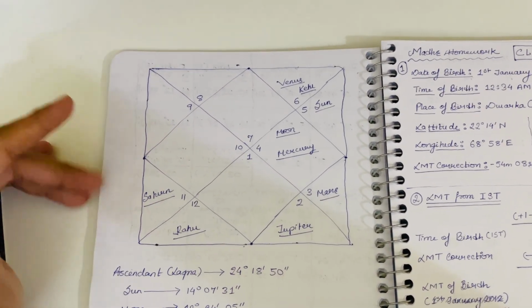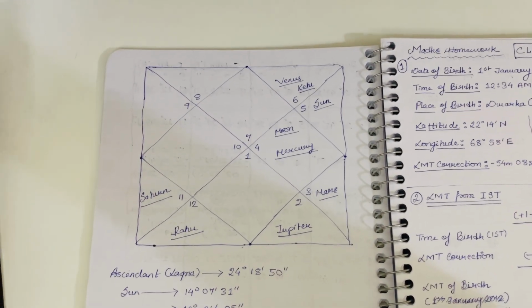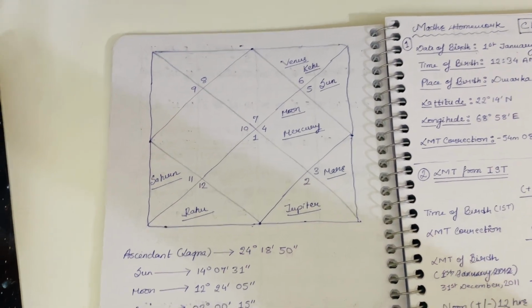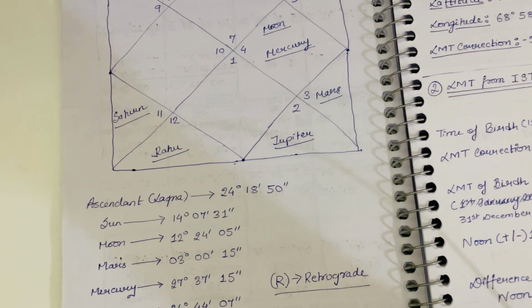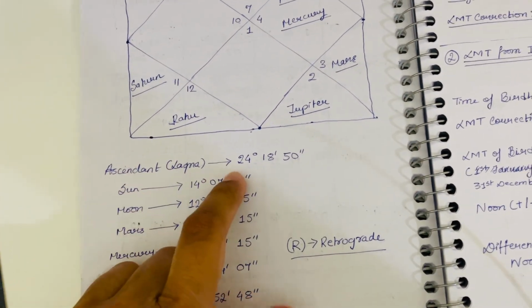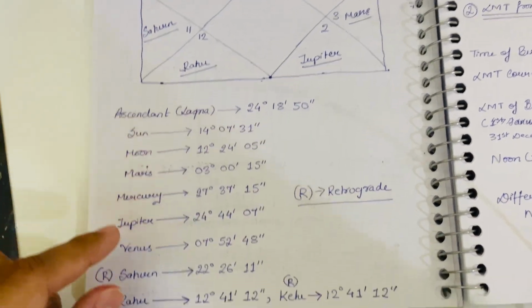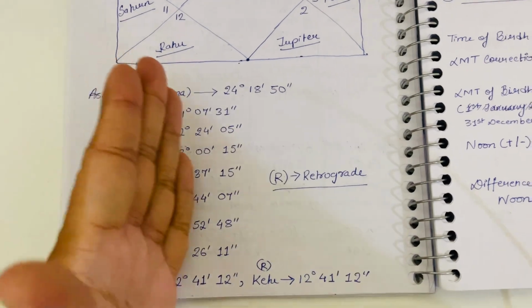So I have successfully charted out the horoscope manually for an individual, for a particular birth detail, without using software, by proper astronomical calculations. Here I have written down the longitudes from the ascendant till Ketu, all calculated manually.